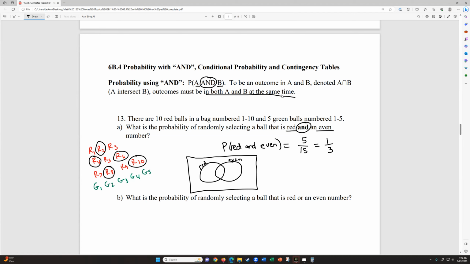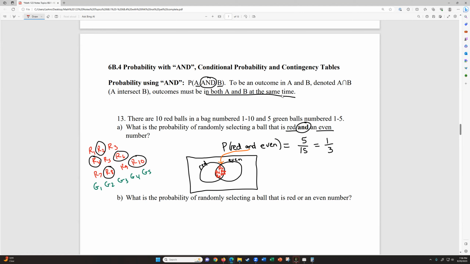The "and" part should be where they overlap, the stuff in the middle. If you're red and even, you go in this little overlap: red 2, red 4, red 6, red 8, red 10. That's the 5 elements that were in both groups.